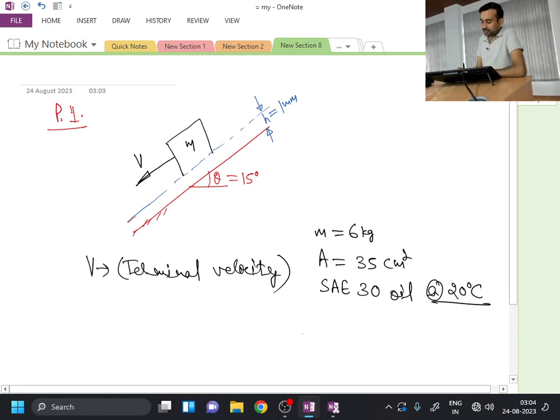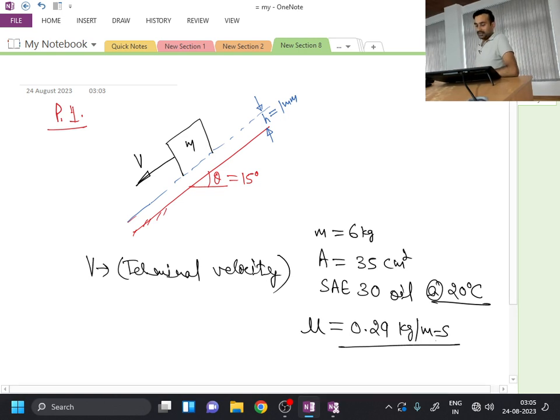The viscosity of this oil at the given conditions, from the property table, is 0.29 kilogram per meter per second. So this is the viscosity of the oil. It is asked in the question that you have to determine this velocity v.